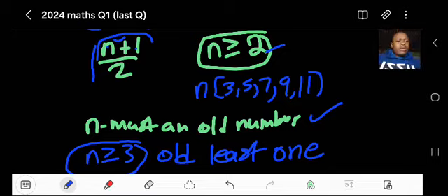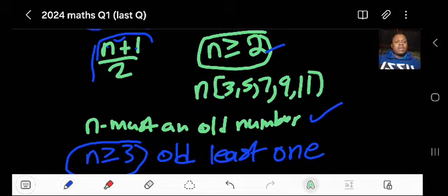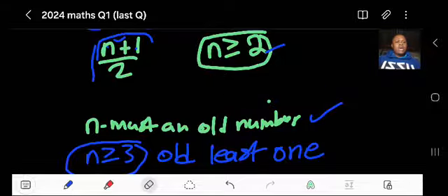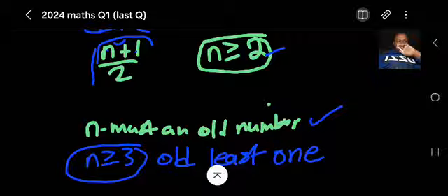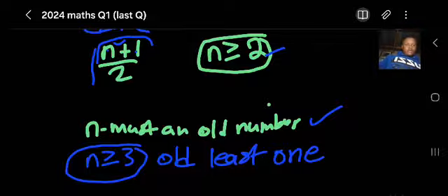So n must be greater than or equal to 3, but under the odd pattern.